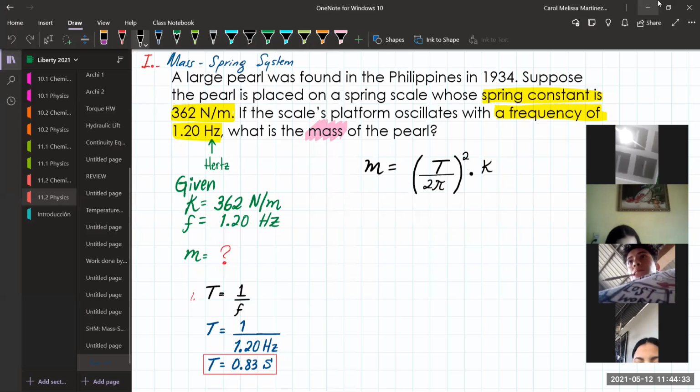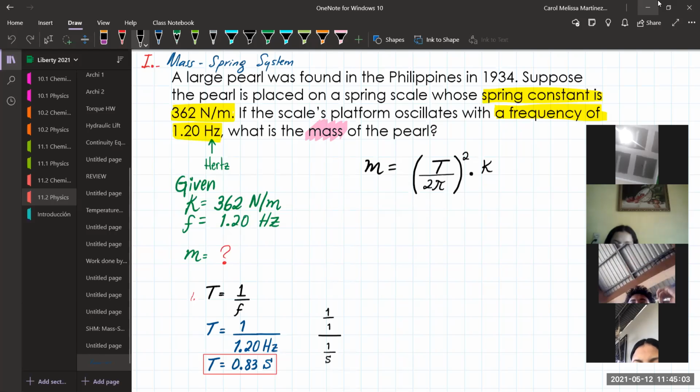Now, how do I know the units are seconds? All you do is you can write this as fractions. You can say that 1 is the same as having 1 over 1 in a fraction, and you can say that hertz is equal to 1 over seconds.